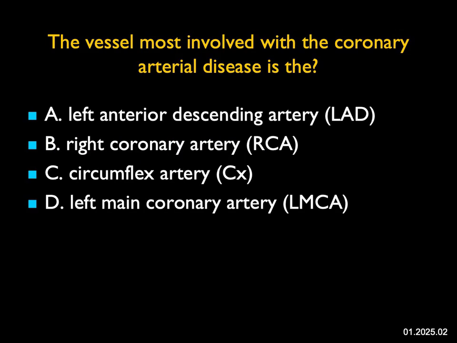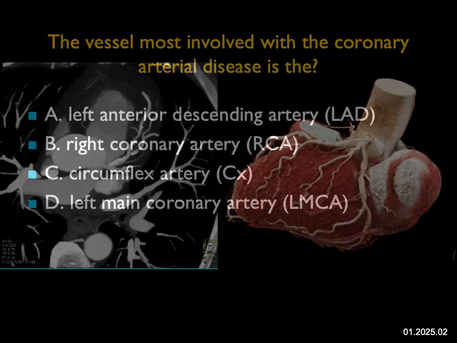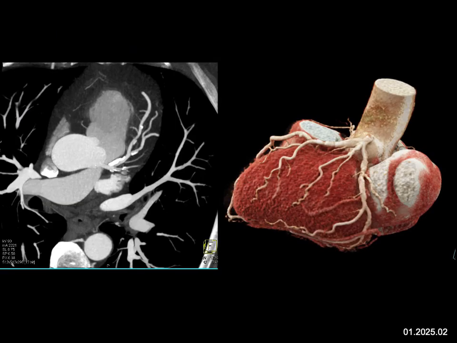The vessel most involved with coronary arterial disease in this patient is, well, I gave you all the vessels, but if you look at the images on the MIP, as well as on the 3D cinematic rendering, you can see the disease is most marked in the patient's LAD with calcified and non-calcified plaque present.